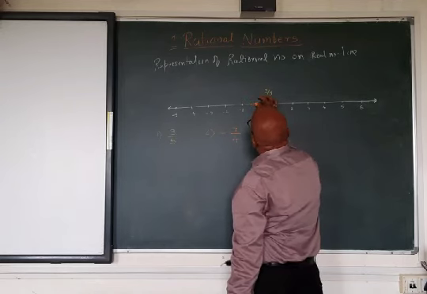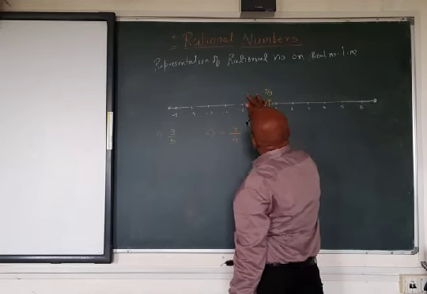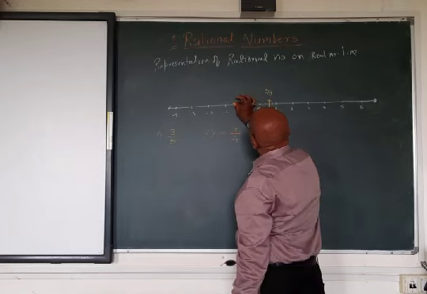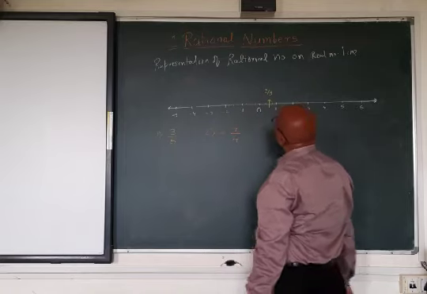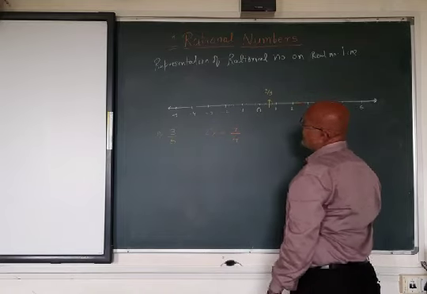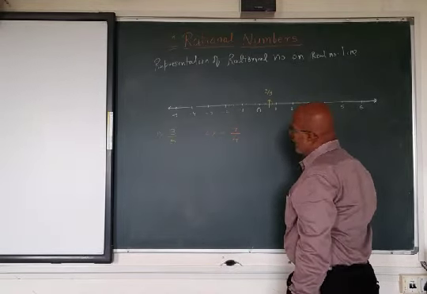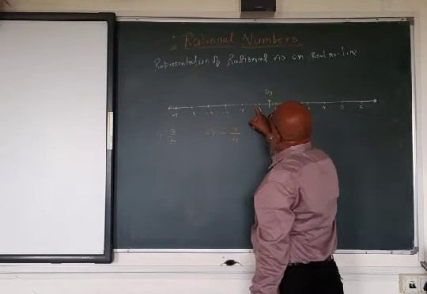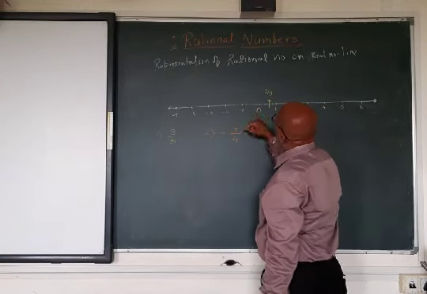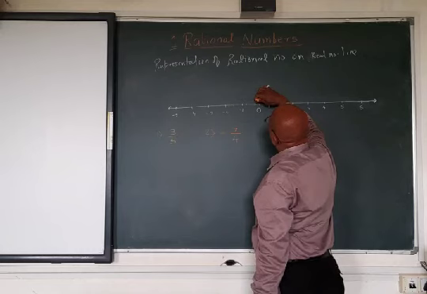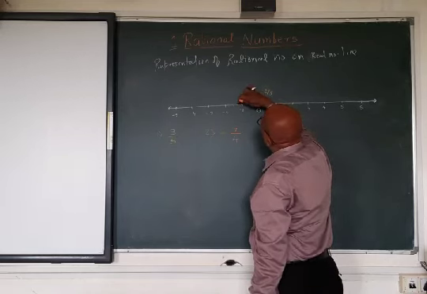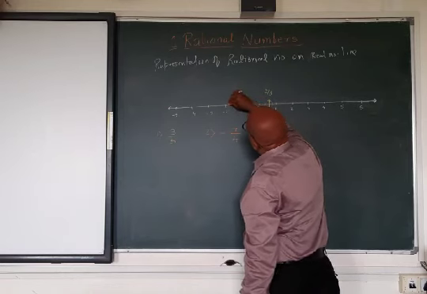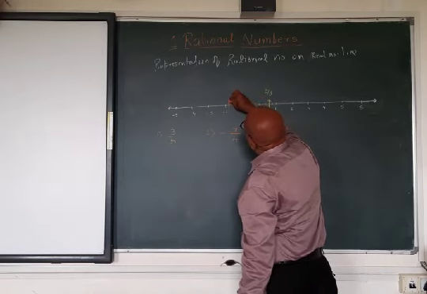So 1, 2, 3, 4. I am dividing just two of them. Now count just after 0, on the left side. 1, 2, 3, 4, 5, 6, 7. So this is my 7th one.